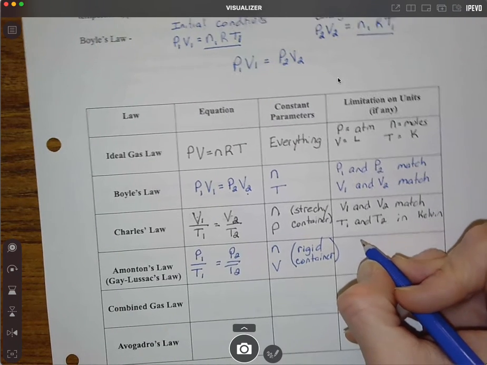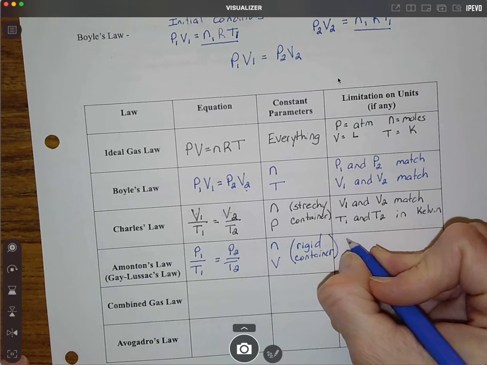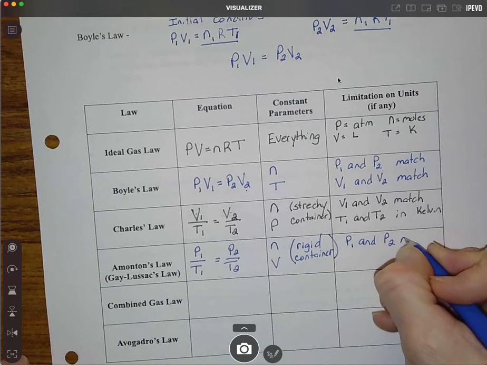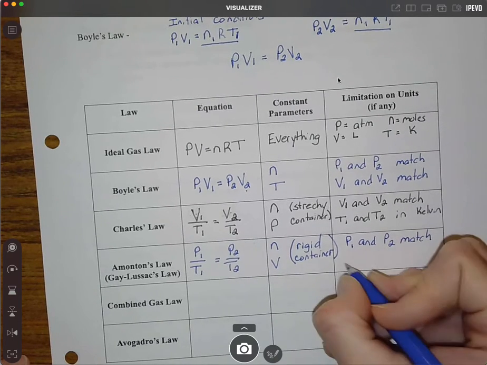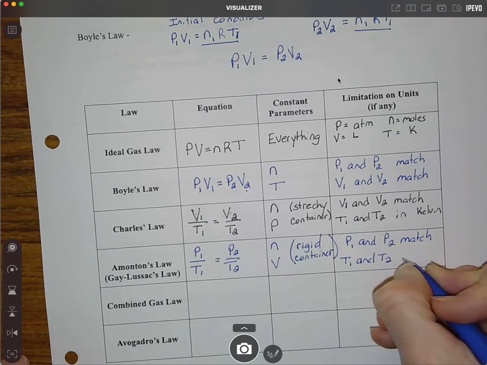And the requirements or the limitations are pretty similar to the limitations on Charles' law. P1 and P2 have to match. T1 and T2 have to be in Kelvin.